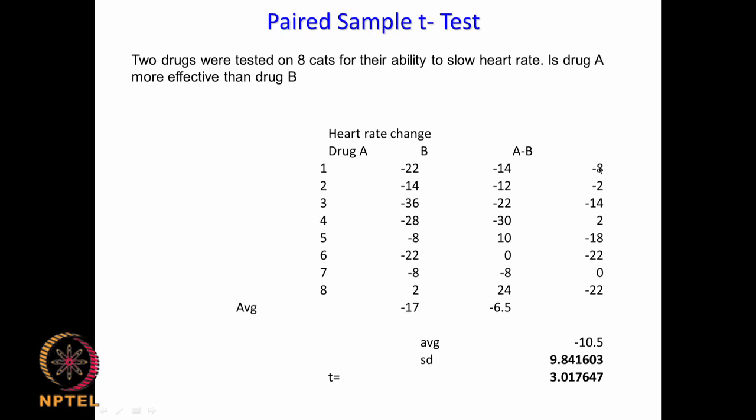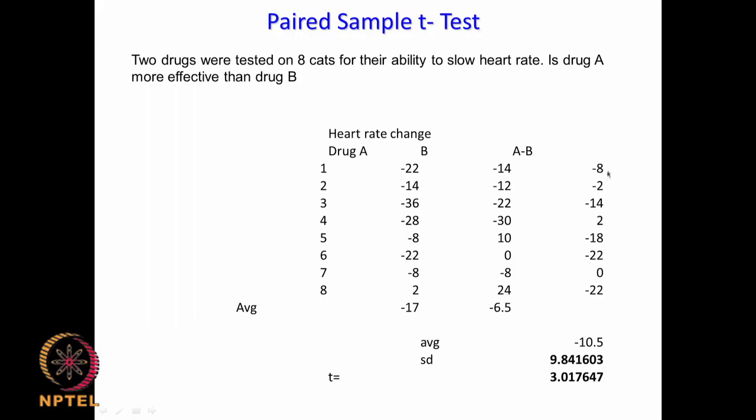from another sample to get the difference for each one of these cats, and then we get x bar here, our null hypothesis will be mu naught equal to 0, but x bar is minus 10.5. We want to know whether it comes from a different population.